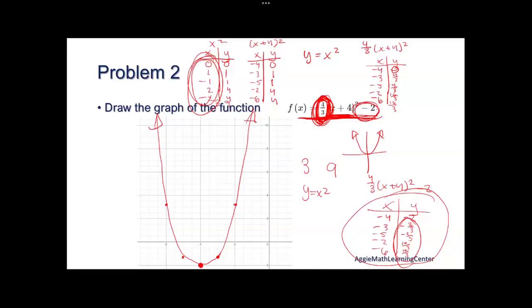And once you multiply that 9 by 4/3, it's going to be 9/3 times 4, so 3 times 4 is 12. So then you have 12 over here, which is not a fraction. You can choose points like that. Just make sure you're getting the original points in the parent function and then using your shifts correctly.